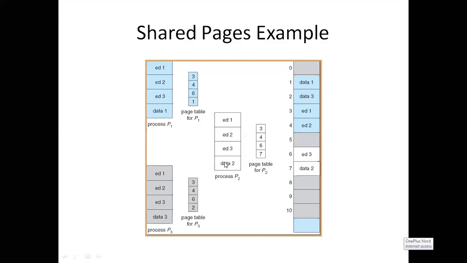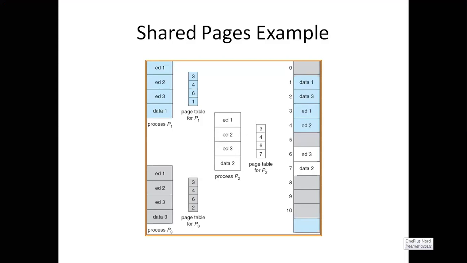Data 2 is kept in 7th frame. And data 3 is kept in 2nd frame. Okay. That means data 1, data 2 and data 3 are not reentrant codes. They are separate codes. So that is the reason why those pages are kept in different frames.